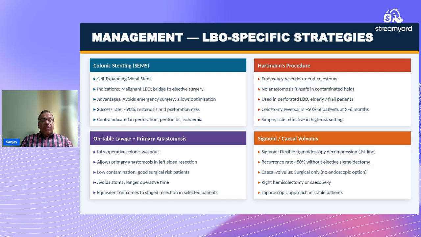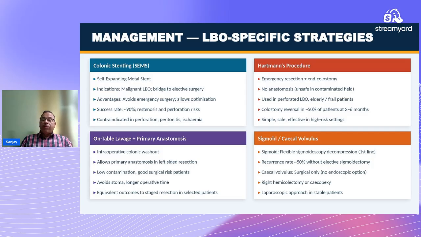Colonic self-expanding metal stents: the advantage of using these stents is that it avoids immediate emergency surgery in a patient who may not be hemodynamically stable, and the success rate is more than 90%. But of course, it is contraindicated in a patient with peritonitis or perforation.